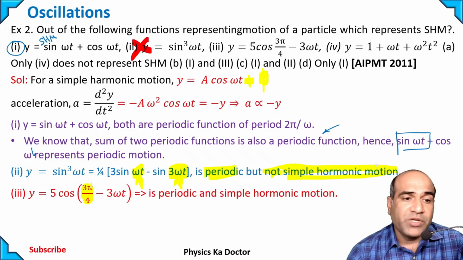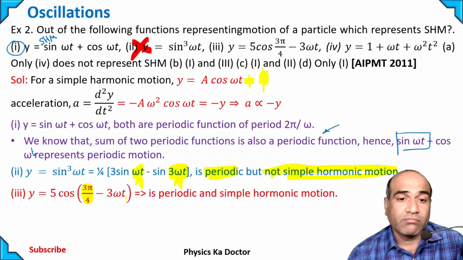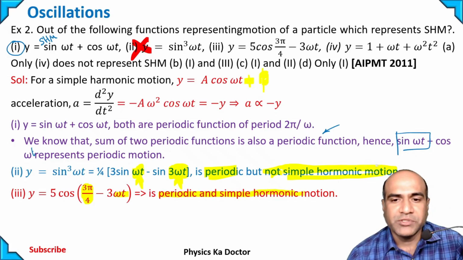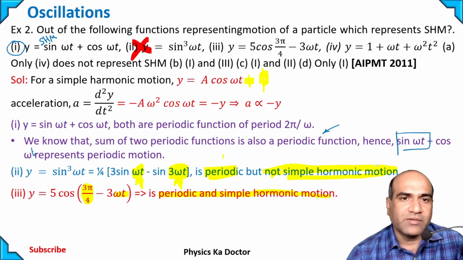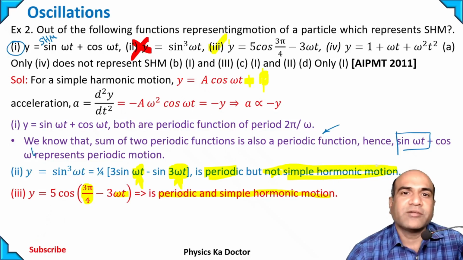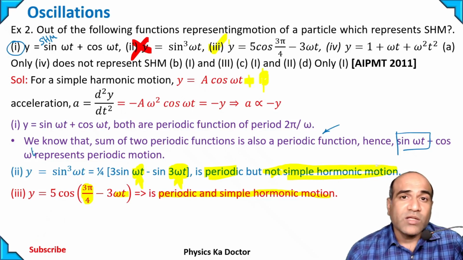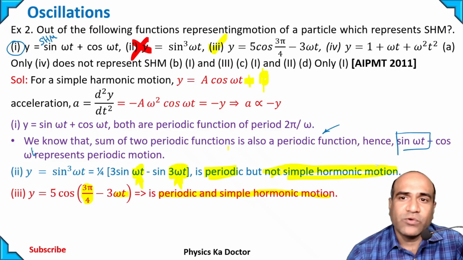So 3 pi by 4, yeah, it is 5 cos of minus 3 omega t. Yeah, it is omega t multiplied by 3, that is a constant, that is okay. So it is periodic and simple harmonic motion too. So third is correct. Third answer is correct. Now fourth.